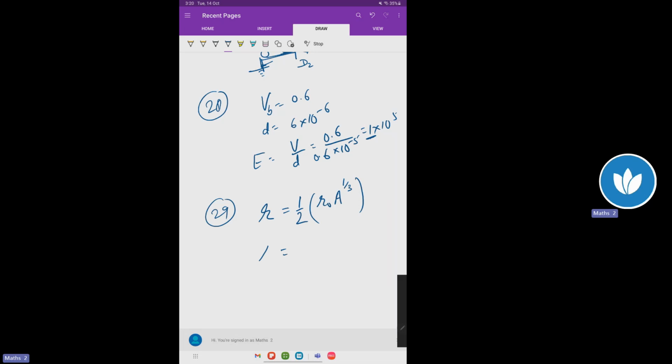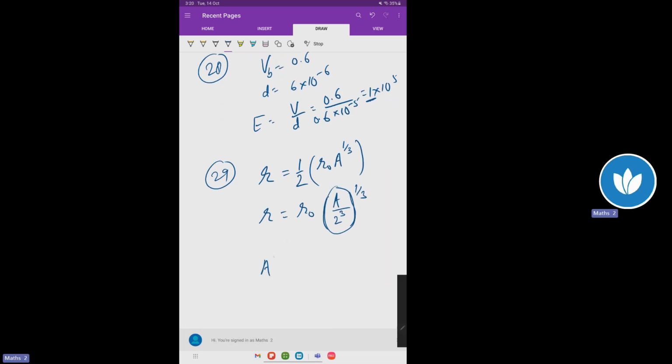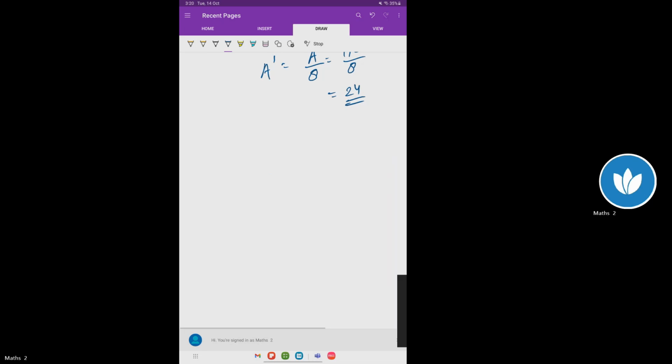So we can write this as r naught (A by 2) whole cube. This is the new mass number. A dash is A upon 8. 192 upon 8, 24. Question number 30.